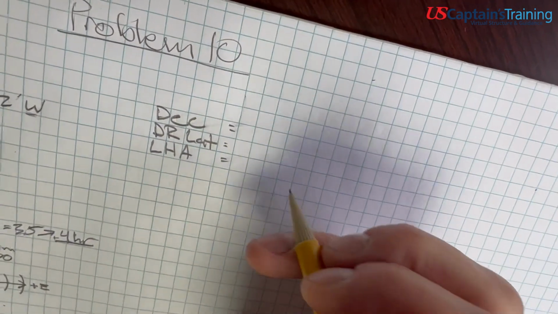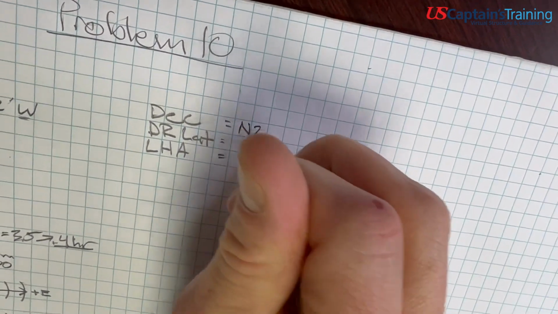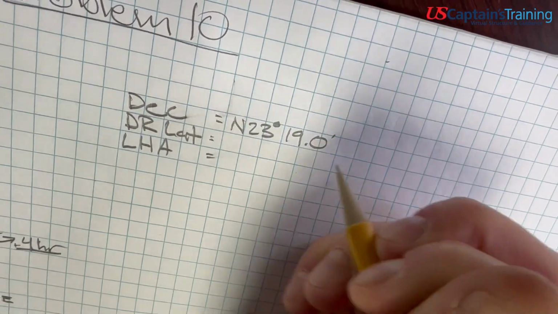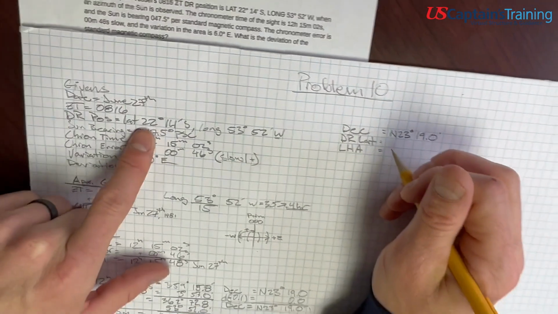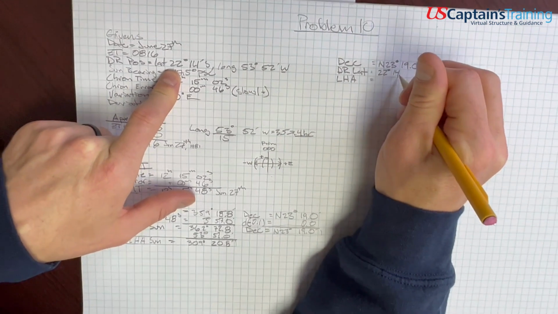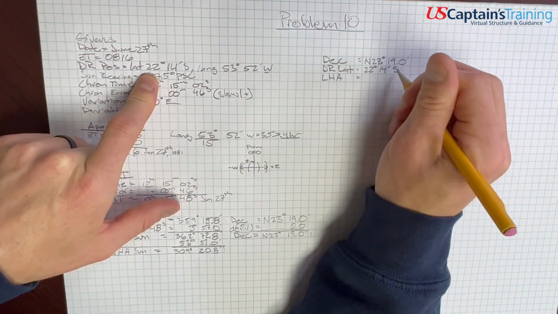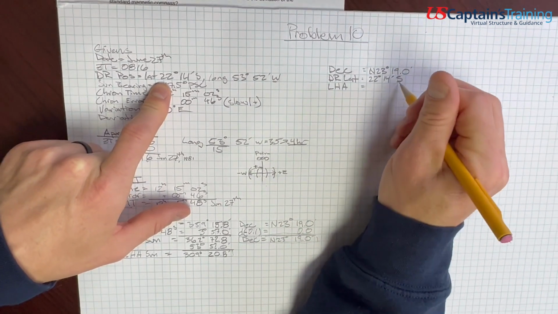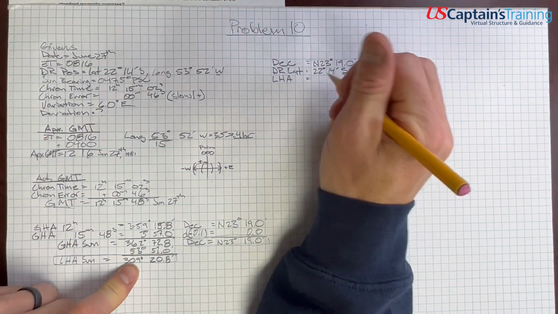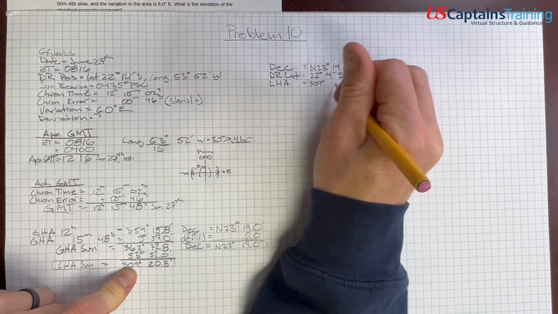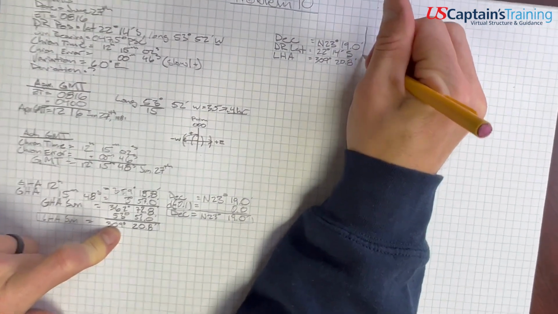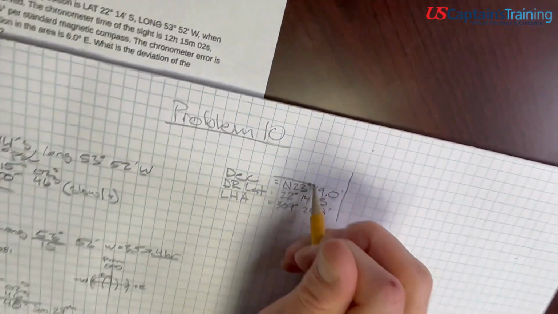North 23 degrees, 19.0 minutes. And then our DR lat is 22 degrees, 14 minutes south. North and south, take note of that. And then LHA, 309 degrees, 20.8 minutes.